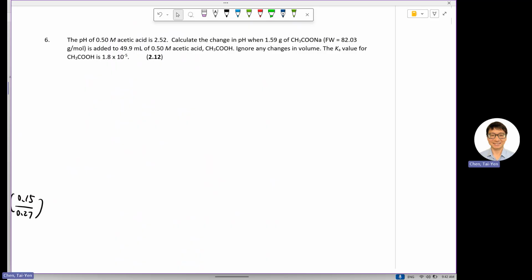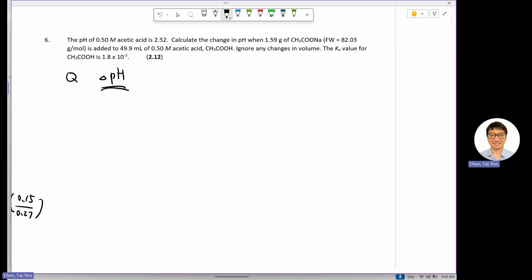The pH of 0.5 M acetic acid is 2.52. Calculate the change in pH when this is added to that. What's the question? Good, they have pH, right?